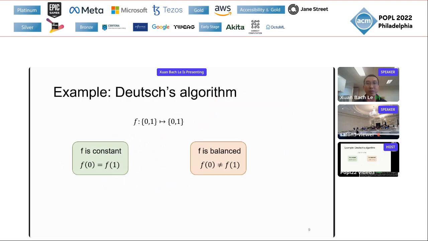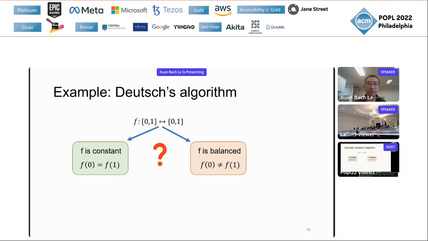The main reason why quantum programs are written in such a cryptic way is to make use of the extraordinary power of quantum computations. So let me illustrate this point. In the example, suppose that we are given a function f from {0,1} to {0,1}, and we say that f is constant if f(0) equals f(1), and f is balanced if f(0) is not equal to f(1).